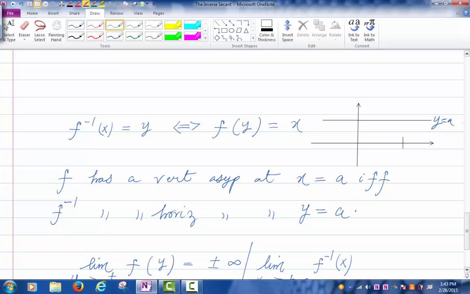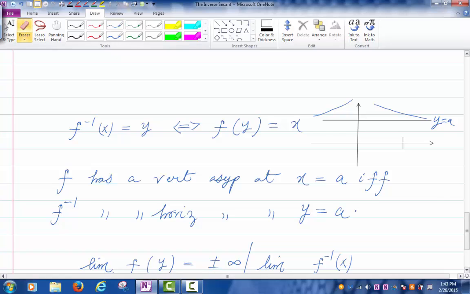It means that either as x goes to infinity, the graph of the function goes to a, the limit of the function is a as x goes to infinity, or as x goes to negative infinity, the function approaches a, right? So when you have a horizontal asymptote at y equals a, it means that either as x goes to infinity, the function approaches a, or as x goes to negative infinity, the function approaches a as well.